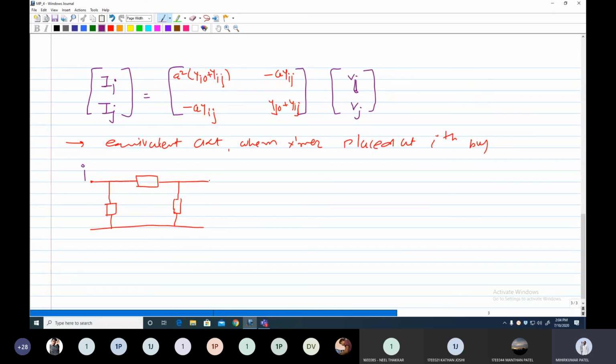It is the ith bus, it is the jth bus, this is your series element Ysc, same as we have previously selected, Ysh1 and Ysh2.